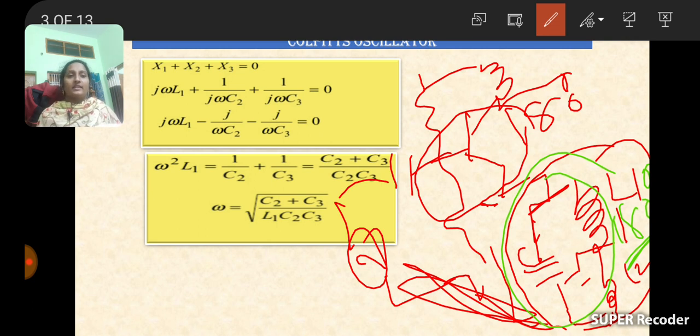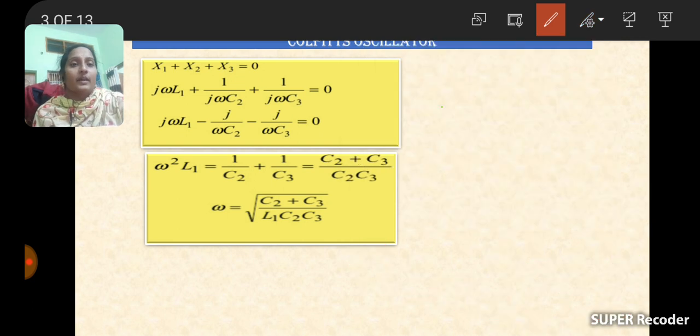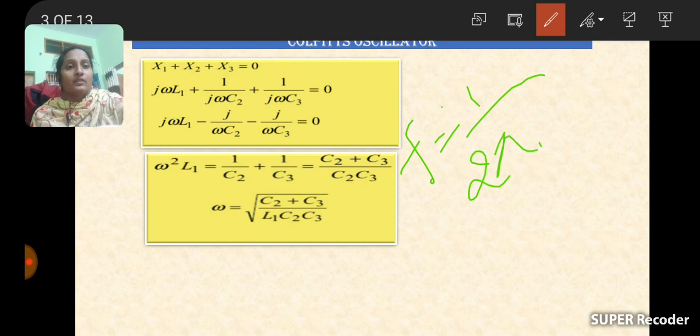Finally the 360 degree phase shift is satisfied and the circuit starts producing oscillations, and the frequency of oscillations depends upon the inductor and capacitor. Simply, f is equal to 1 by 2π root LC. Here L means LT.